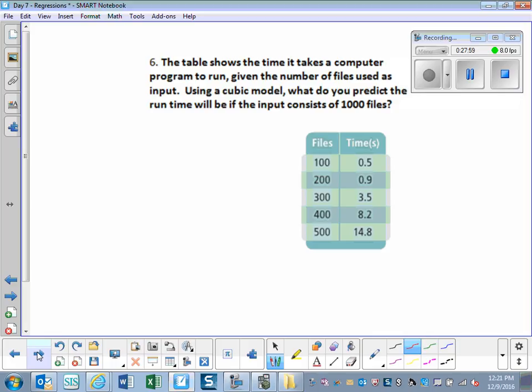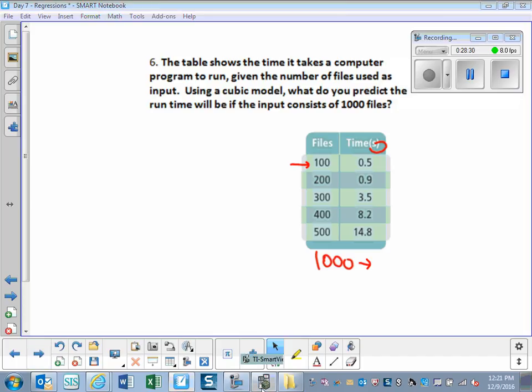So if you provide the program 100 files, it takes half a second. 0.9 seconds to process 200 files. 3.5 seconds to process 300 files. So we are interested in 1,000 files.